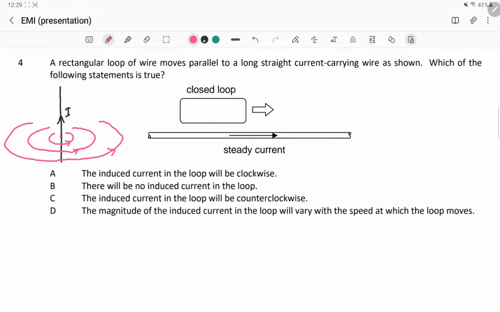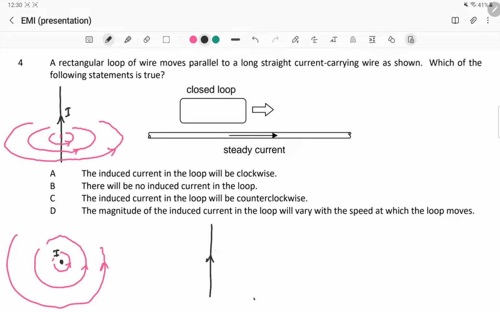If you look from the top view, you'll see current coming out and the concentric rings, the radius will increase. So how do we represent all of these in a different way, in a two-dimensional way?